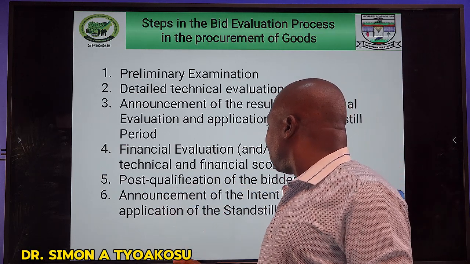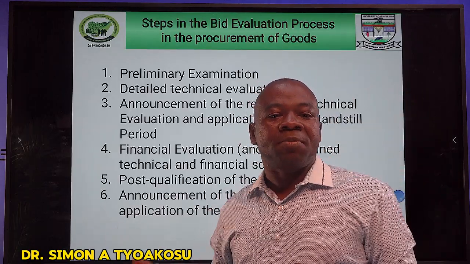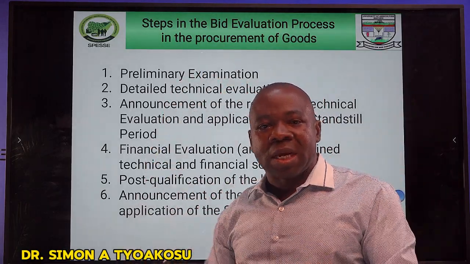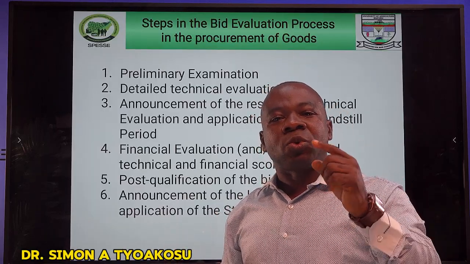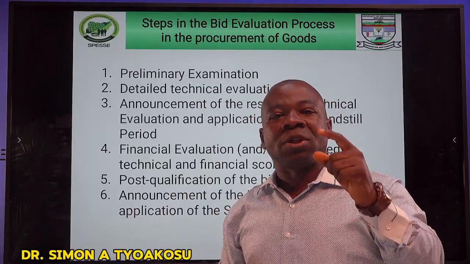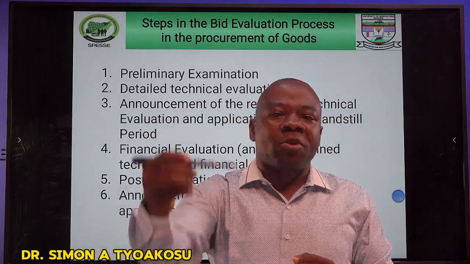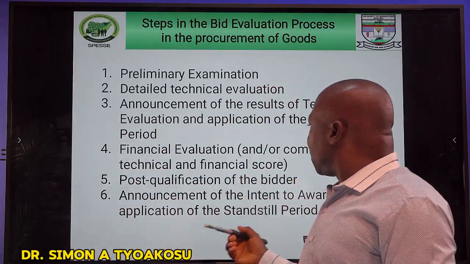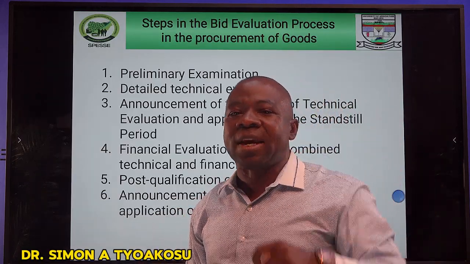Then for post-qualification of the bidder, after you have selected the bidder through the evaluation process and come up with one bidder that you have agreed to give the contract to, because he's the best that will give value for money in that contract, you now check if this person is still qualified.